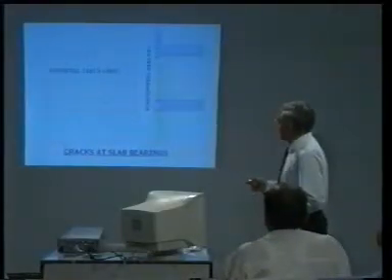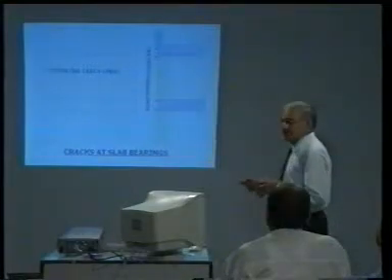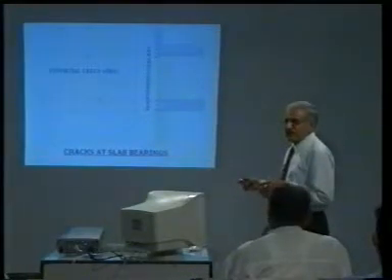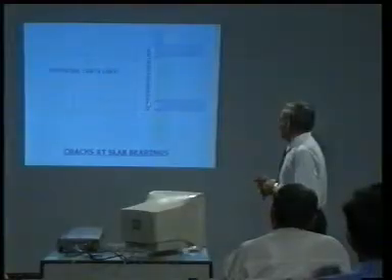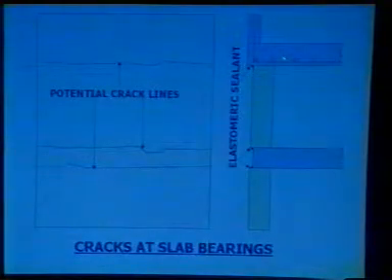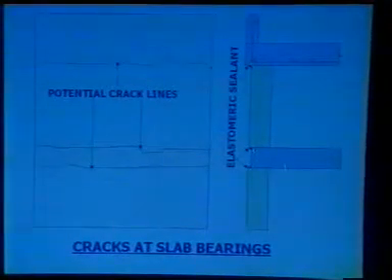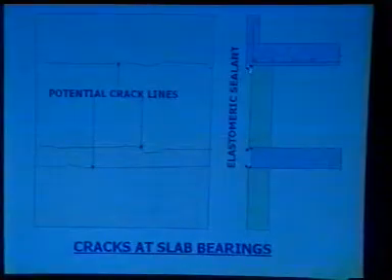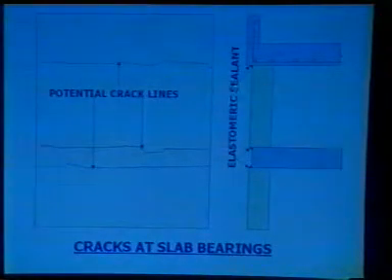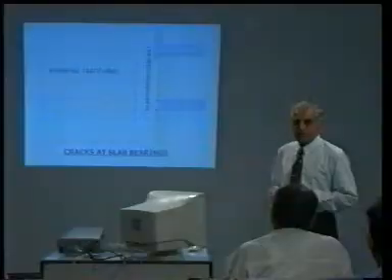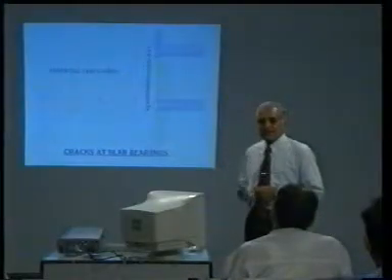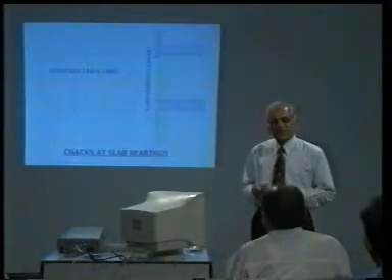Now, these are bound to crack because of the differential behavior of the wall with respect to the slab. So, if you provide an RCC fascia at a slightly extra cost, this junction would not crack up. If you have a slab bearing on the full width of the wall, this is definitely going to crack up at these places. Now, these places should be filled up with elastomeric sealants, and should you do that, this kind of unsightly cracks that you saw in the previous photograph can easily be avoided.